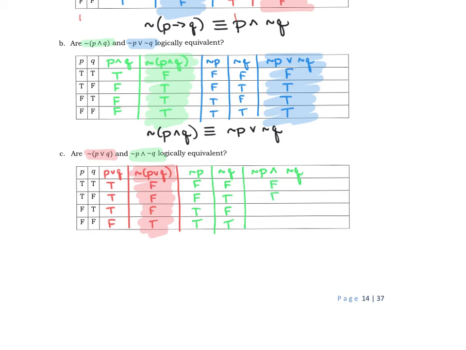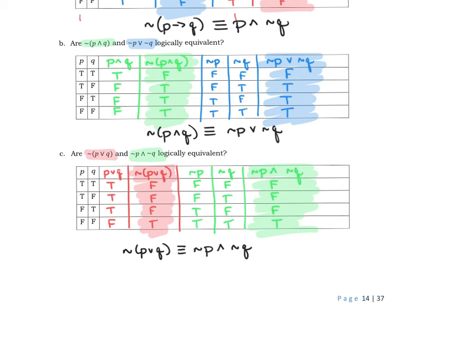So we've got false, false, false, true. And once again, you can see that our truth values do indeed match up. And so what we've determined in this case is that the negation of P or Q is also logically equivalent to not P and not Q.